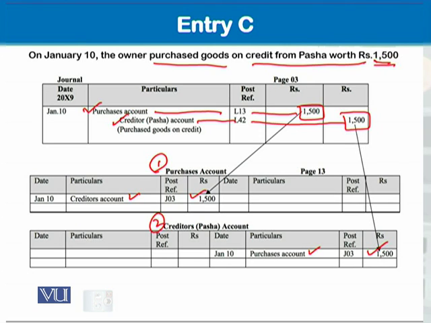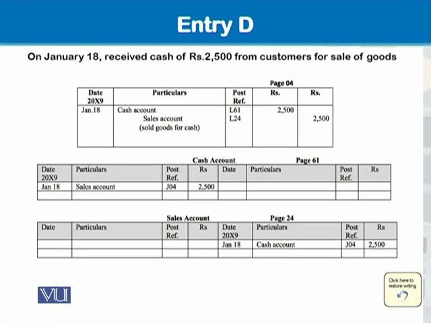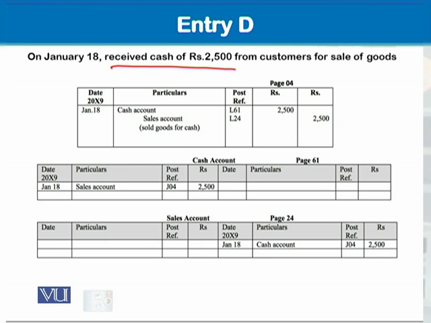Well, let's see one more example, for entry D. Here we see that we have received cash 2,500 from a customer for sales of goods. So cash we have received 2,500 and because of sales, income is credited. So two accounts are being prepared, cash and sales.